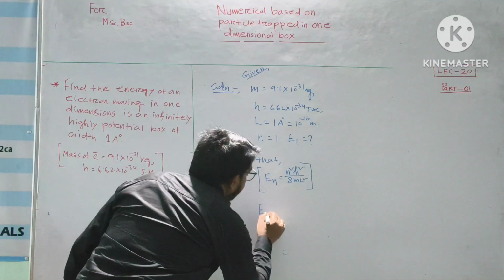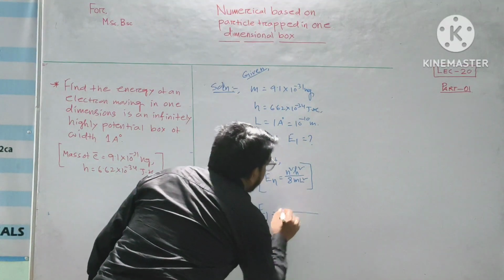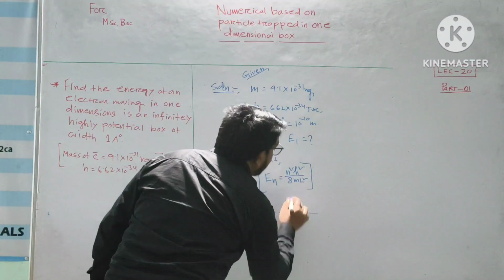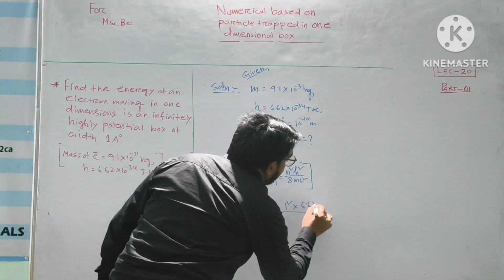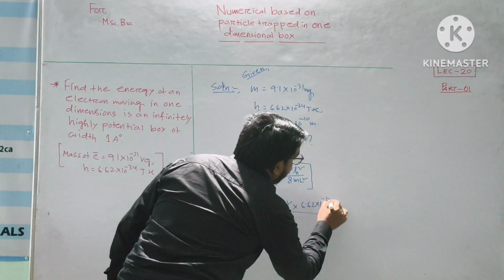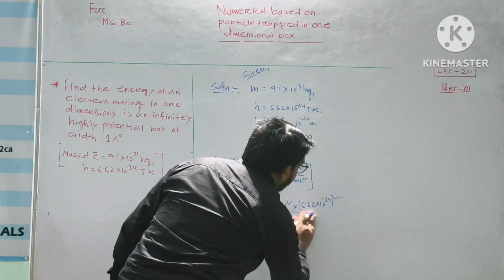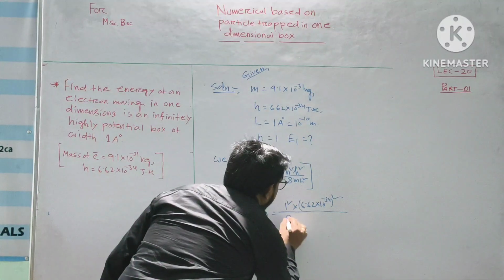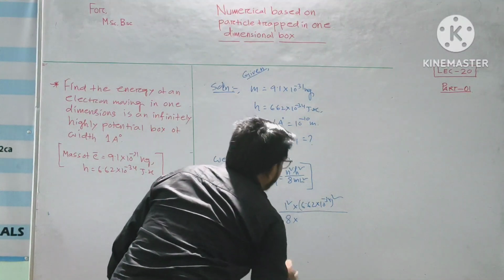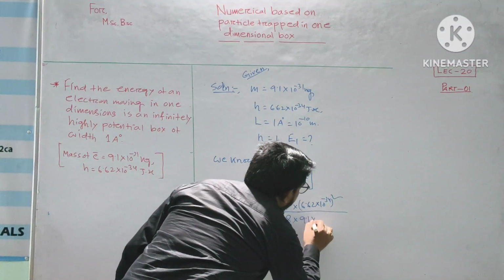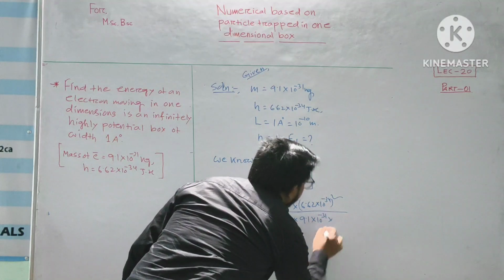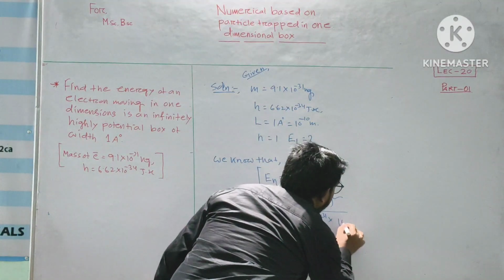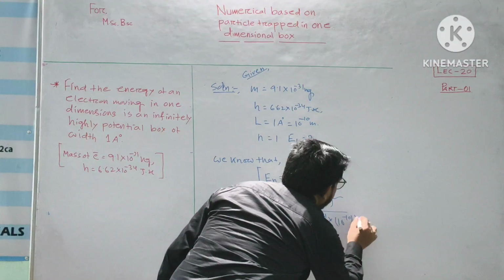So E1, with n equals 1, equals 1 squared into h squared, (6.62 into 10 to the power minus 34) whole squared, divided by 8 into the mass of electron, 9.1 into 10 to the power minus 31, into L squared, where L equals 10 to the power minus 10 meter, whole squared.